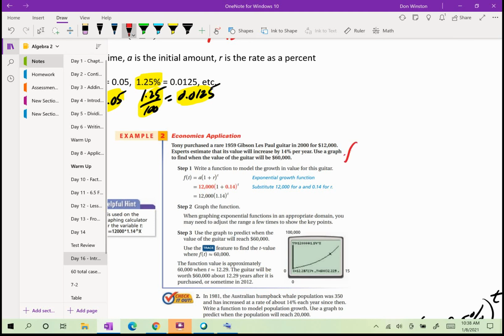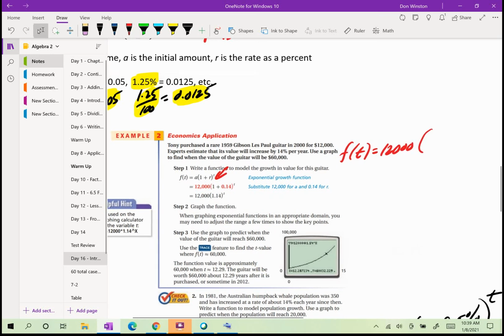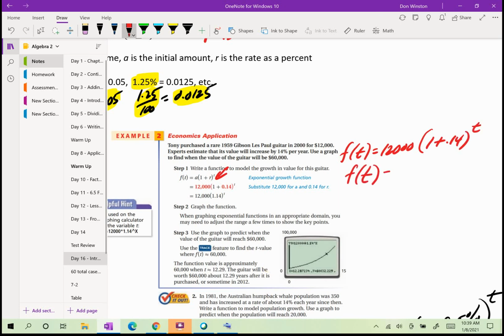We have f of t is equal to the initial amount, which is 12,000, times 14% as a decimal, 0.14, so it's going to be 1 plus 0.14 raised to the t. So we get our equation, f of t is equal to 12,000 times 1.14 raised to the t.